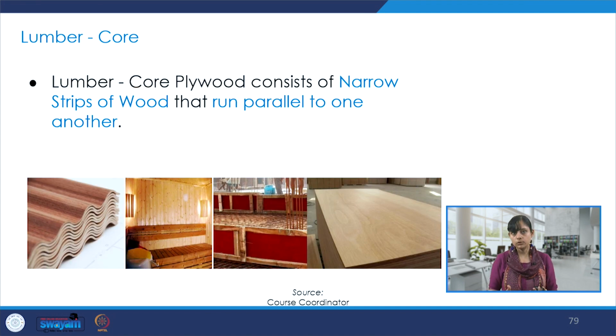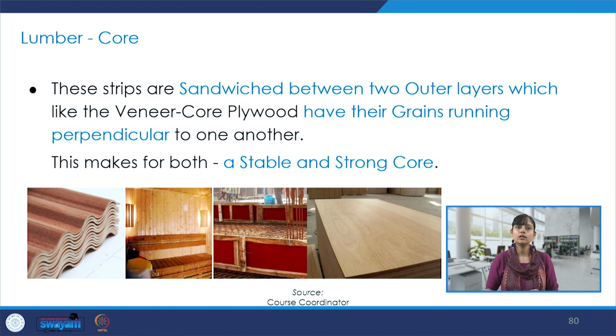Then there is lumber core, where the core plywood consists of narrow strips of wood and they run parallel to one another. So we see those examples over here. These strips are sandwiched between two outer layers, which, like the veneer core plywood, have their grains running perpendicular to one another, and it's a strong and stable core.